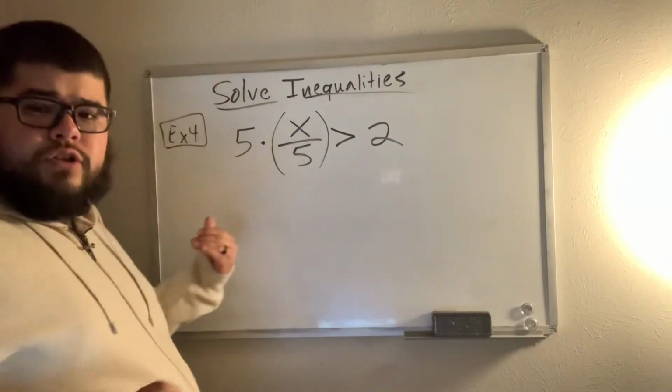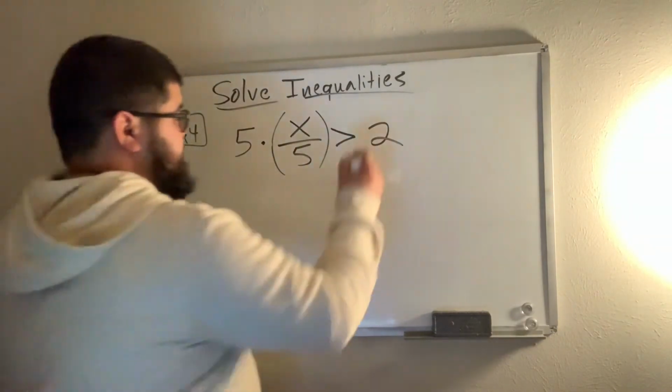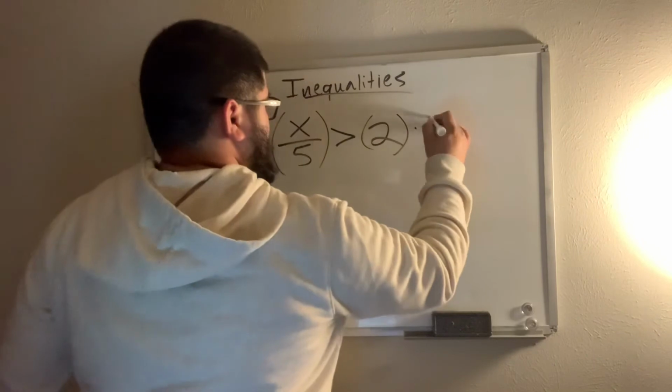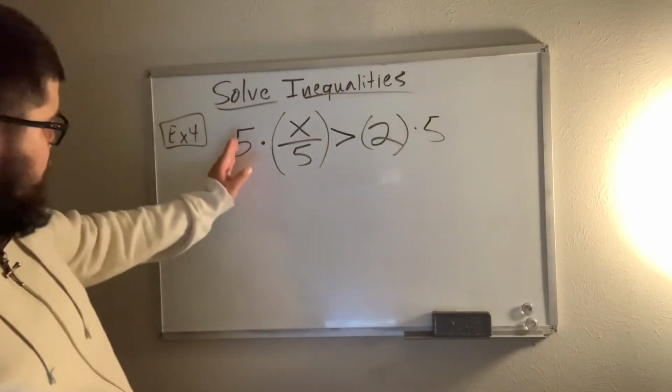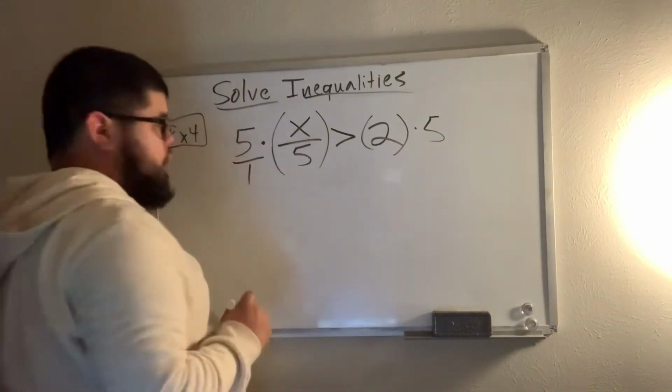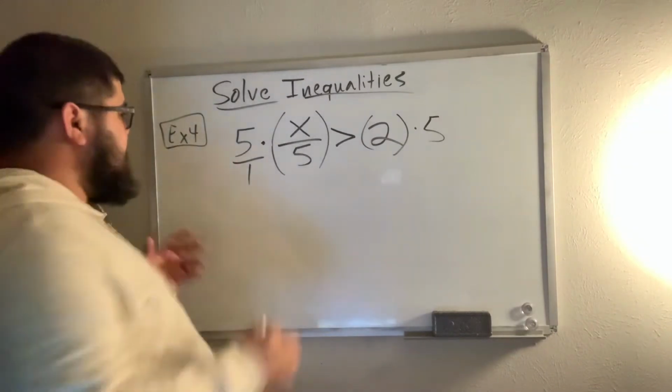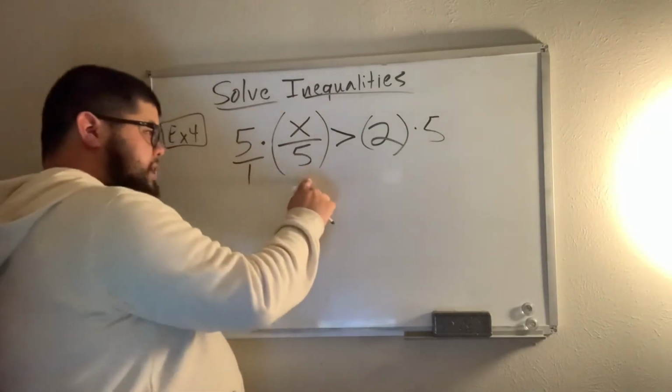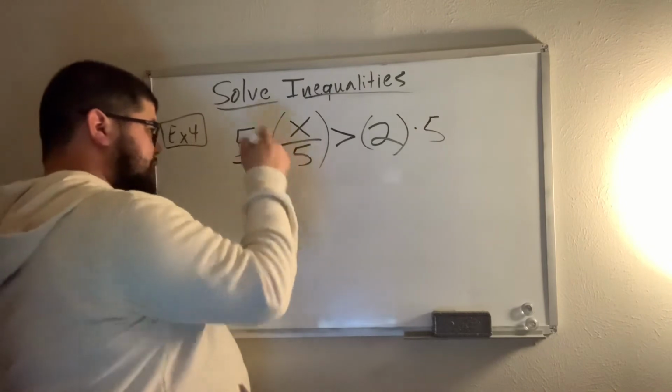Whatever you do to the left, you also have to do to the right. Now, remember, this is 5 over 1, right? There's a 5 in the numerator and a 5 in the denominator. 5 divided by 5, what are we going to get?